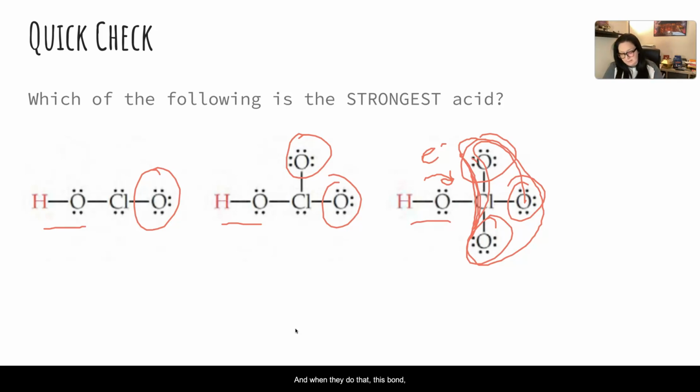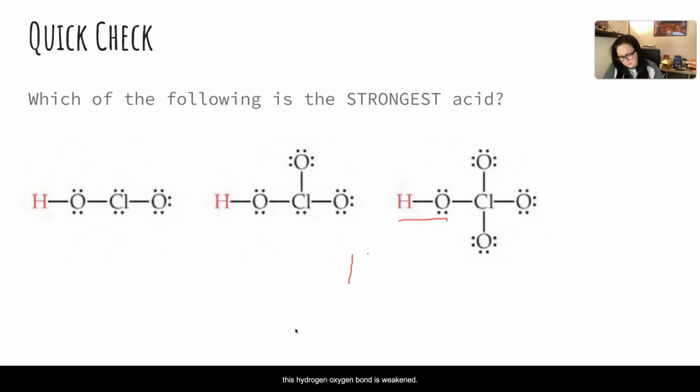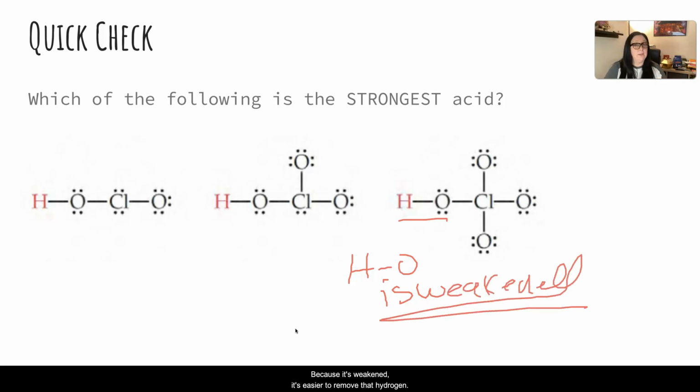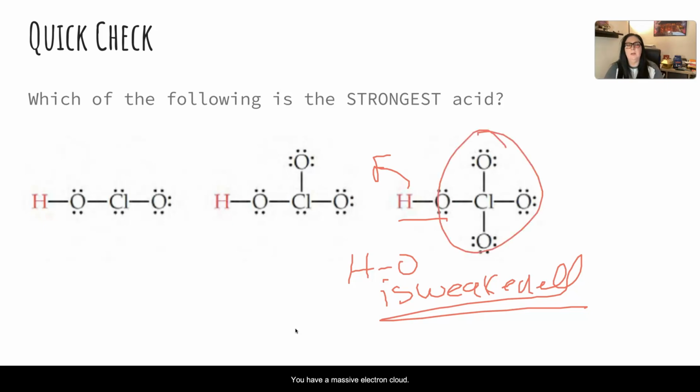And when they do that, this bond, well, crud. This hydrogen-oxygen bond is weakened. And because it's weakened, it's easier to remove that hydrogen. Okay, so that's what's going on. You have a massive electron cloud, and we're dealing with oxyacids, so that means they have oxygens added to them.